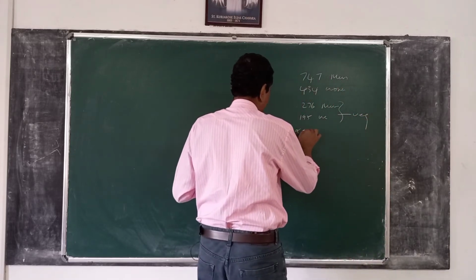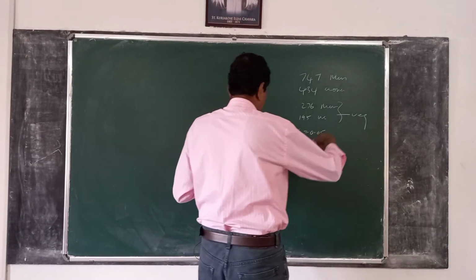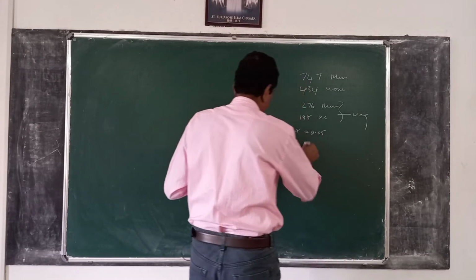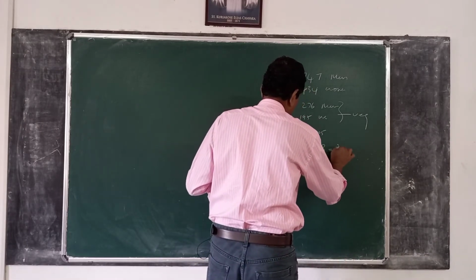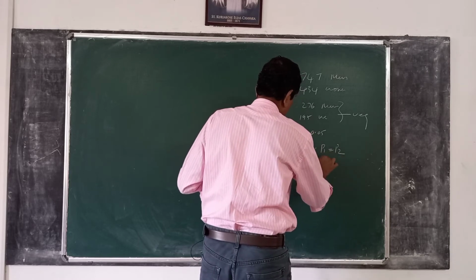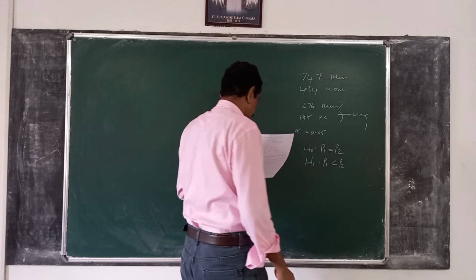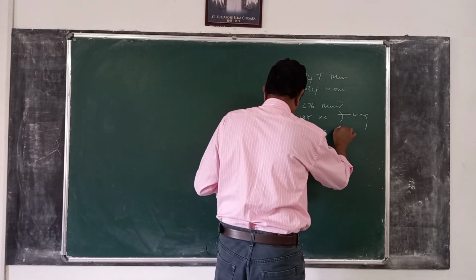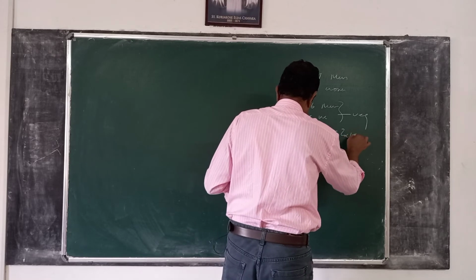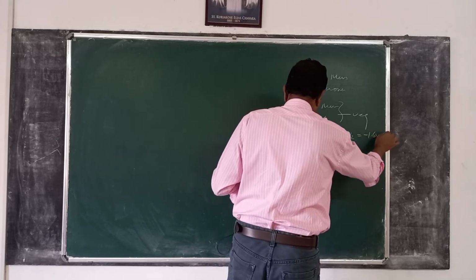At alpha equal to 0.05, we have to test the hypothesis H0: p1 equal to p2 versus H1: p1 less than p2. Alpha is 5%, so the critical value is minus 1.64.